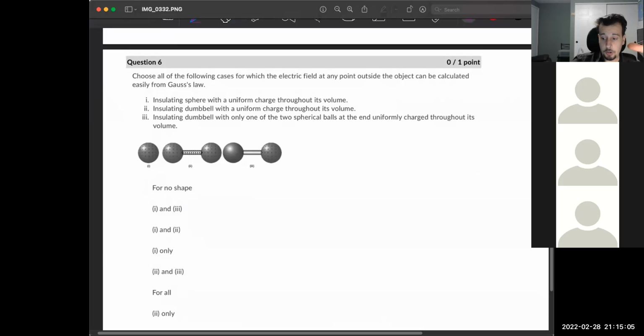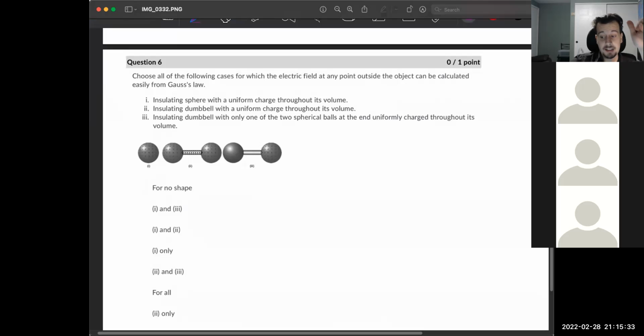We only care about the charge distribution when we're judging Gaussian symmetry. So right here, be careful, Kelly, assuming that these are insulators. If they were conductors, it's impossible in the third one, because if they're touching, the charge would spill. So they have to be insulators in number 3.